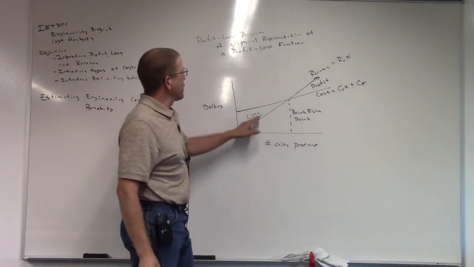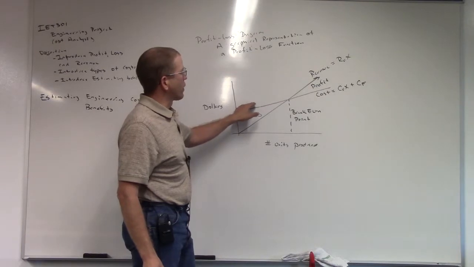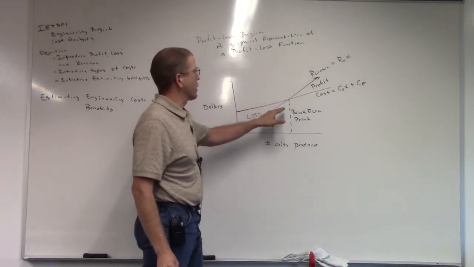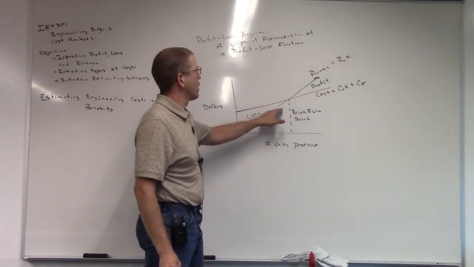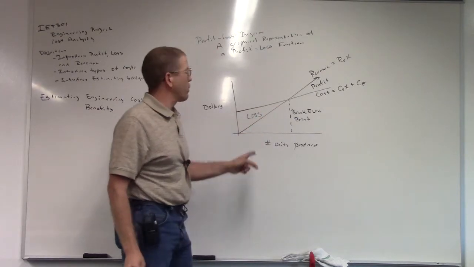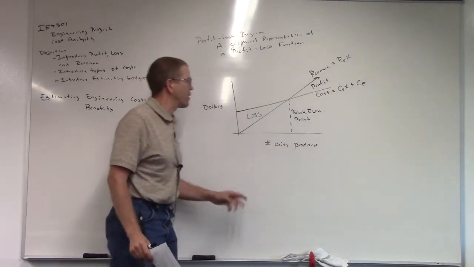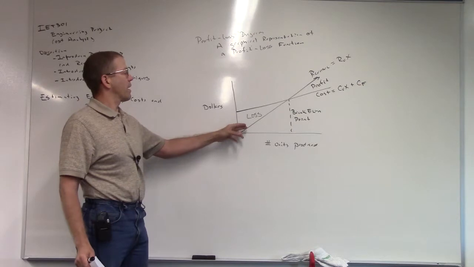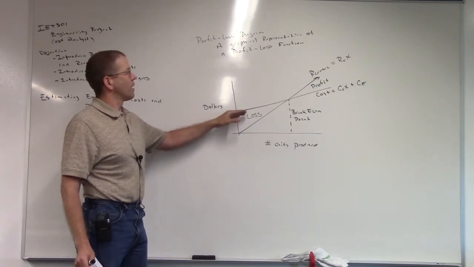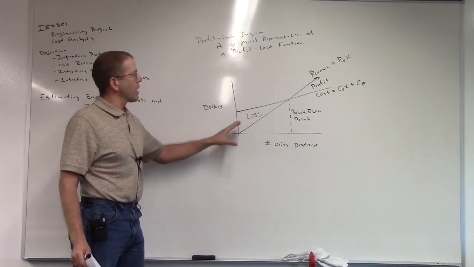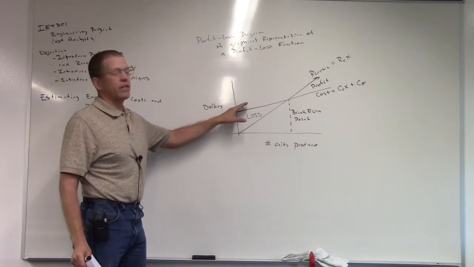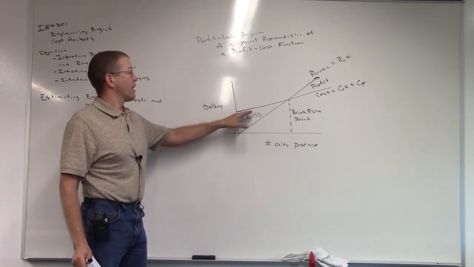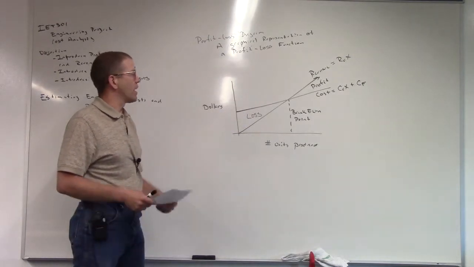In this case, I use linear functions, or lines, to represent my profit and revenue functions. However, keep in mind that this isn't necessary. You can have parabolic, you can have cubic functions. Any number of different types of functions can result. You can have piecewise functions, which is not uncommon.